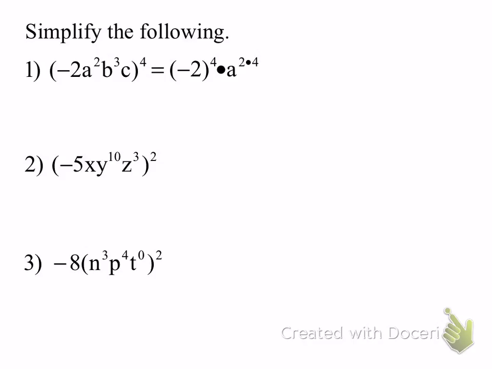B to the third power times the fourth power. And C is the first power times the fourth power. So what does this simplify to, Luca? 16 times A to the 8th, C to the 4th, B to the 12th power. Right, that's right.